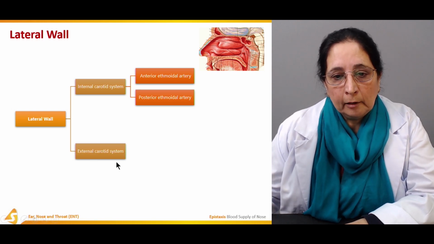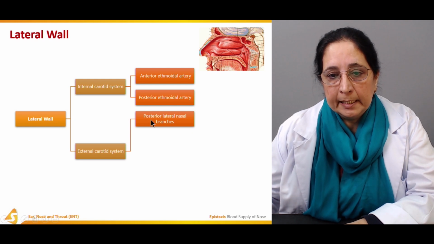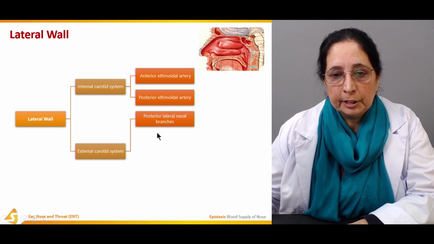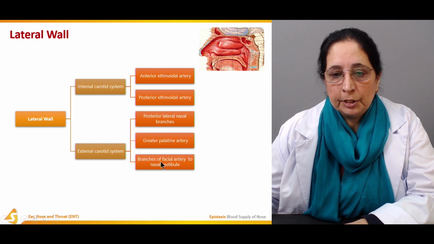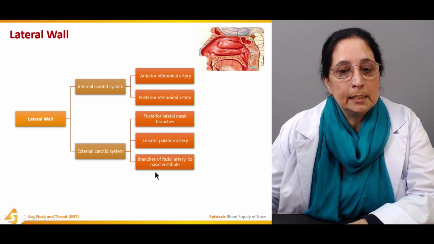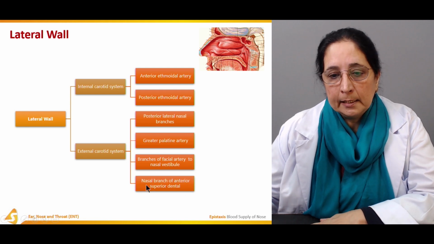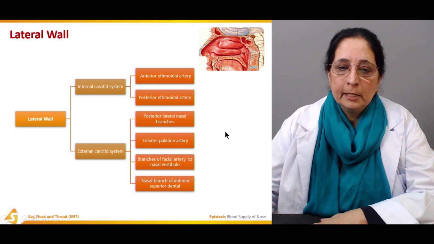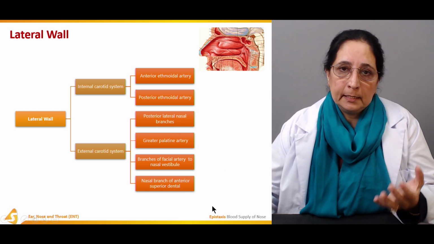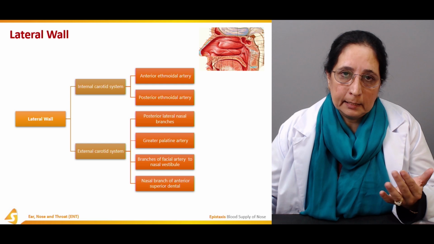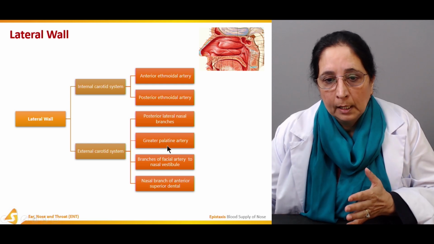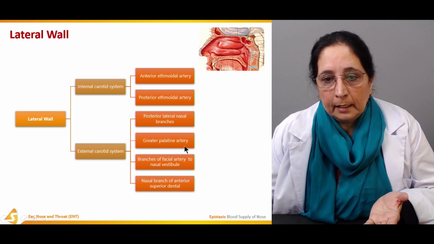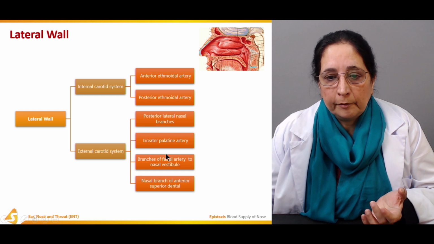They are the branches of the ophthalmic artery. Then the external carotid system has posterior lateral nasal branches, greater palatine artery, branches of facial artery to nasal vestibule, and nasal branch of anterior superior dental. So the external carotid system is different between the septum and the lateral wall other than the greater palatine artery.